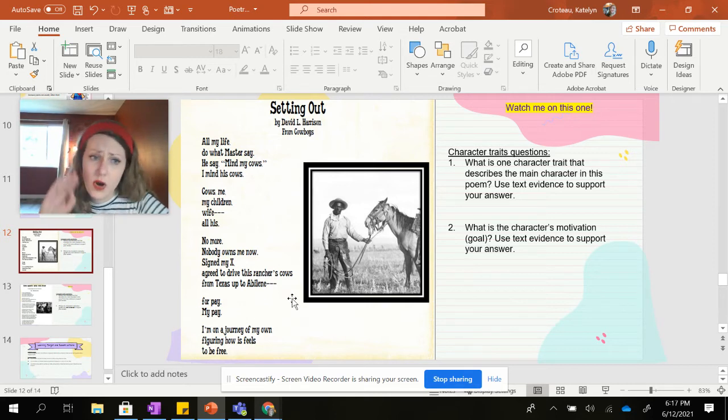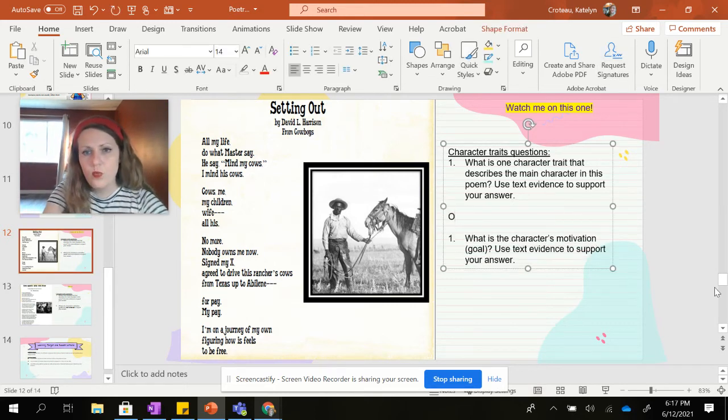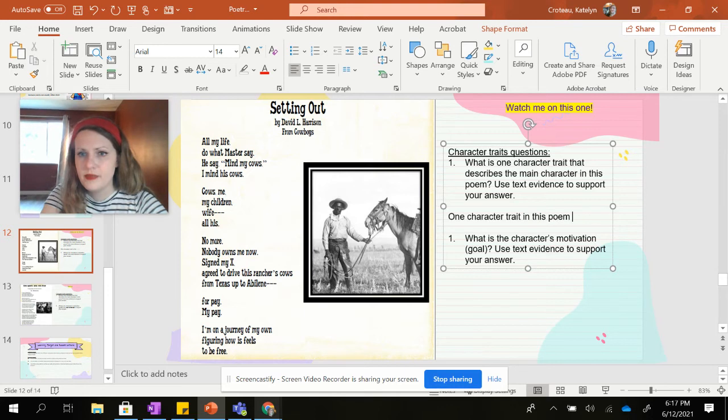So to me, that says, oh, I'm determined or confident or hopeful. Okay, so I'm going to say one character trait in this poem. Actually, I'm going to say one character trait I see is, I'm going to say determined.